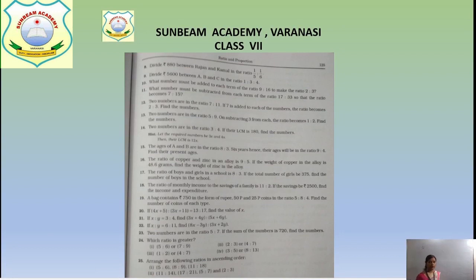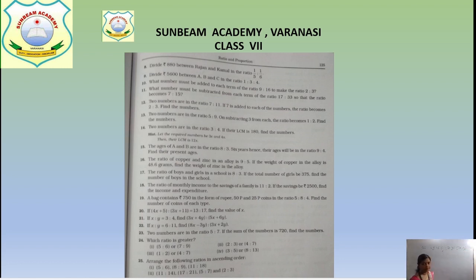Let's see. If x is to y is equal to 6 is to 11, find 8x minus 3y is to 3x plus 2y.